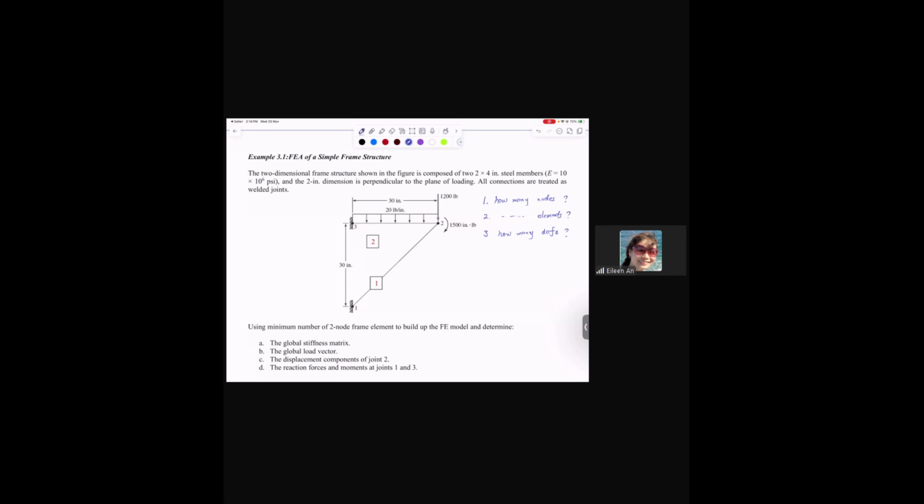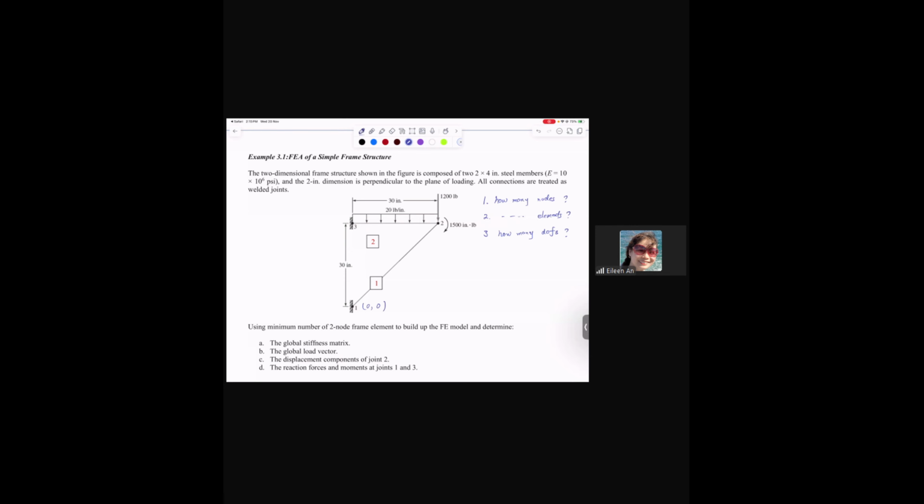Actually here, we don't have any coordinate system, right? So it's fully up to you where you want to place the coordinate system. Okay, so yes, we can use 0, 0 for the first coordinate.